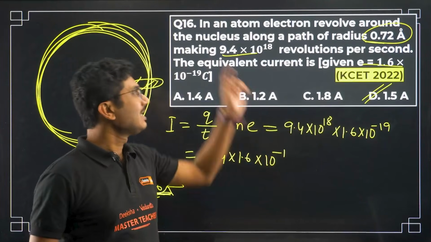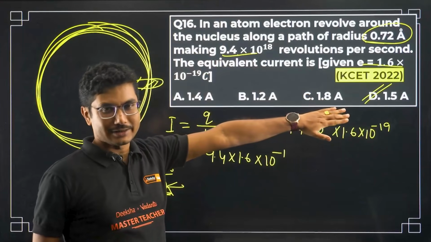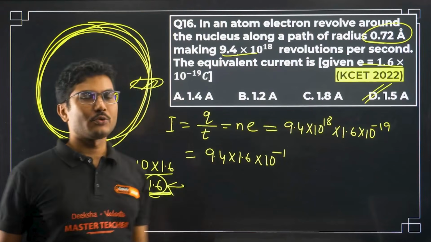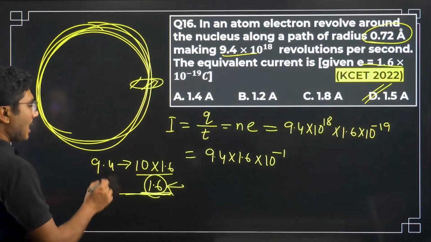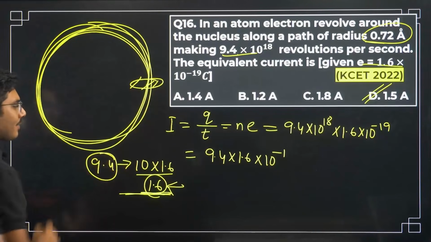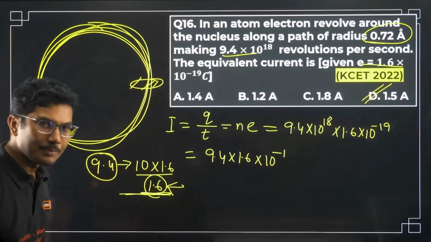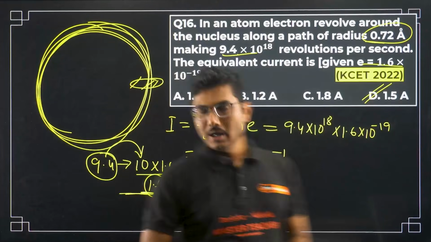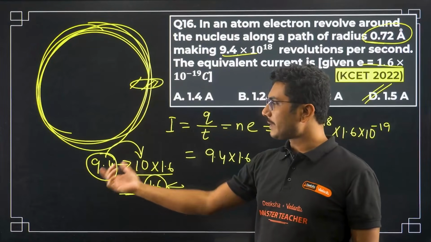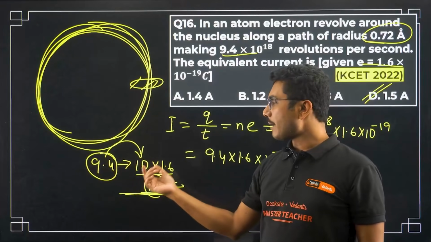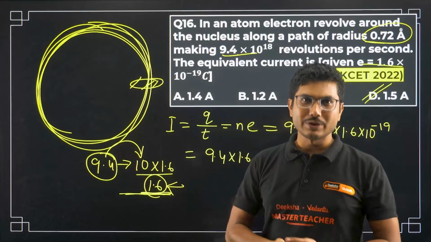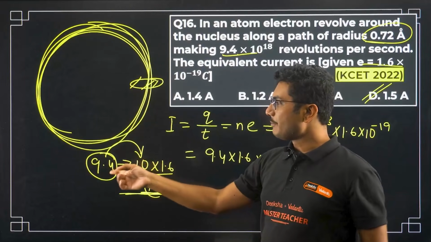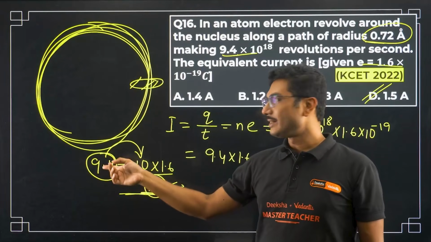In case they also give 1.6 as an option, you have to remember that you have approximated 9.4 to 10. I am assuming that the value is closer to 10, which means you have increased the number.